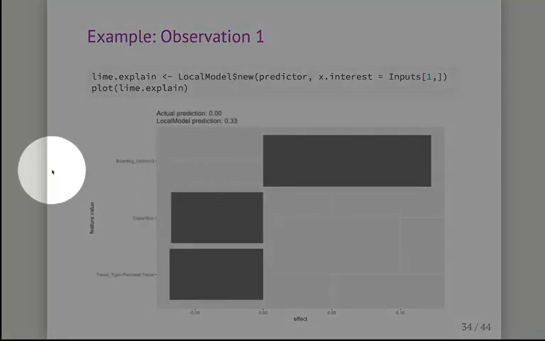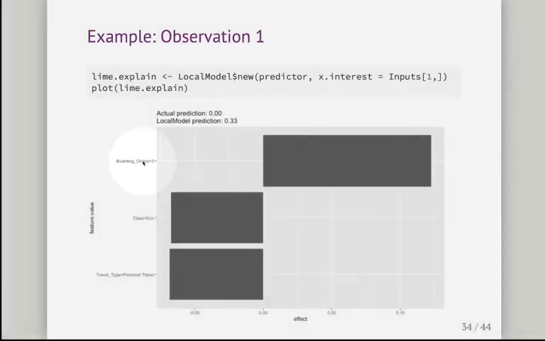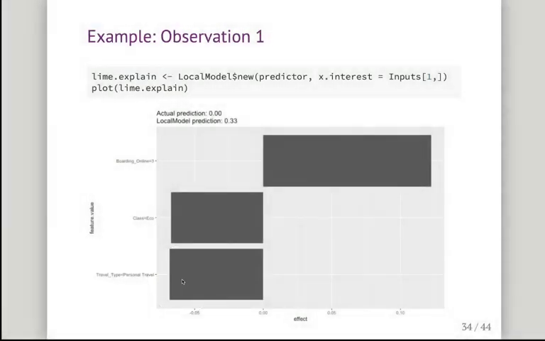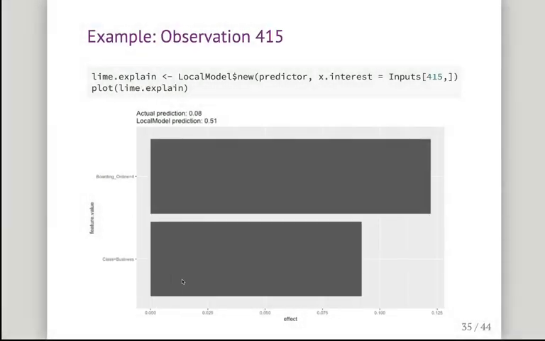The local model is showing a positive effect, so an increase of boarding online. So we think that for customer 1, this boarding online experience will really be helpful. Customer 1 is an economy class, so that's bringing the prediction down. Customer 1 is traveling for personal reasons, that's bringing our prediction down as well.